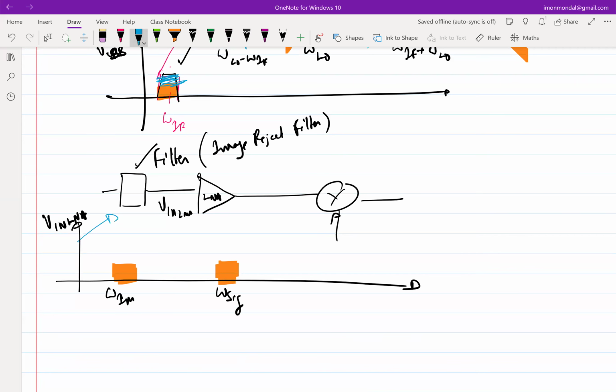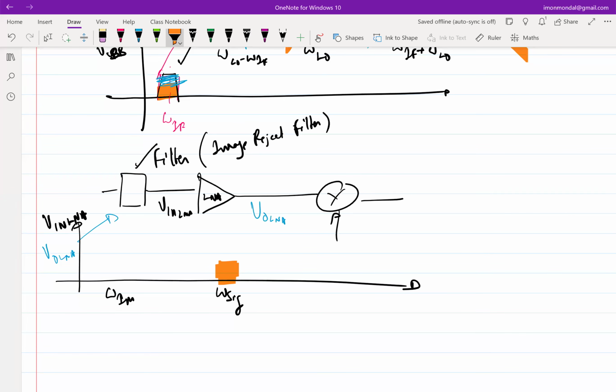So at the output of the LNA, you are going to have the noise at the image. Sorry, I made a mistake here.